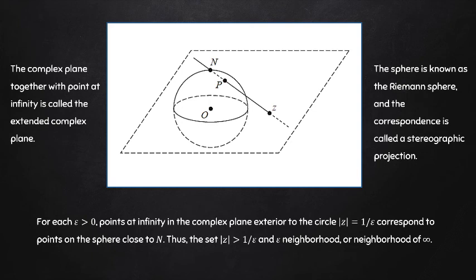Observe that the exterior of the unit circle centered at the origin in the complex plane corresponds to the upper hemisphere with the equator and the point N deleted.